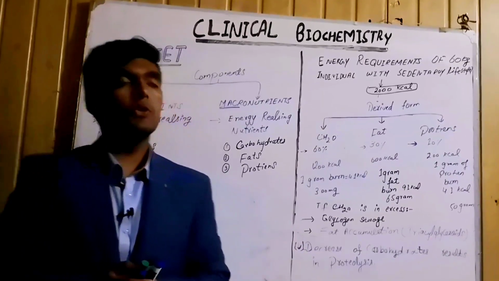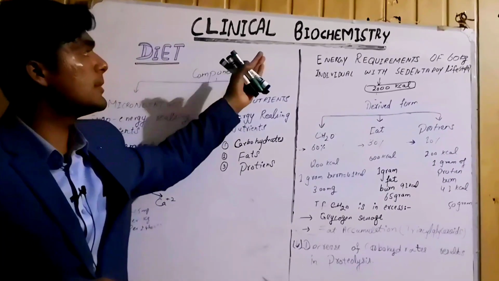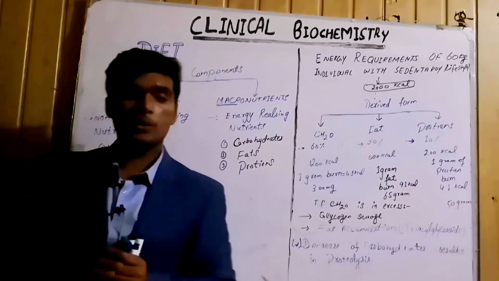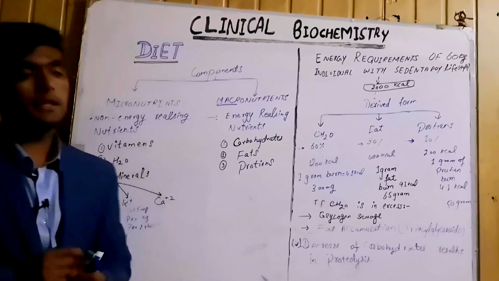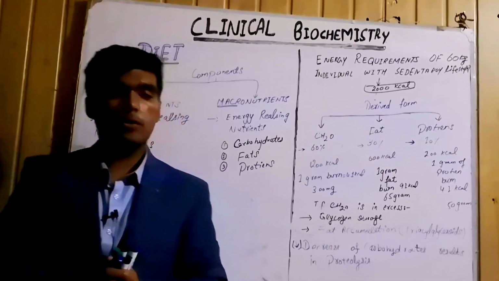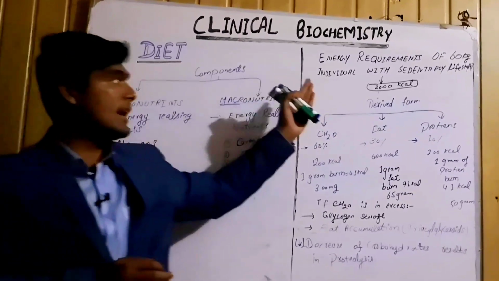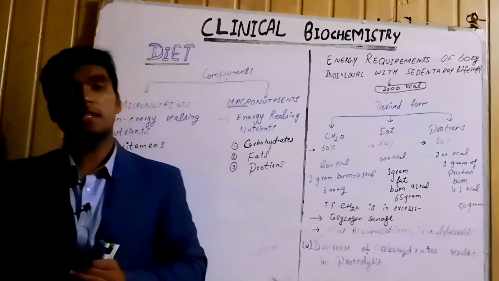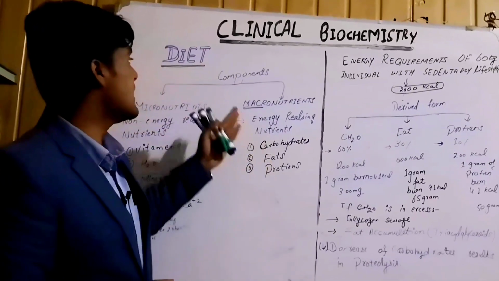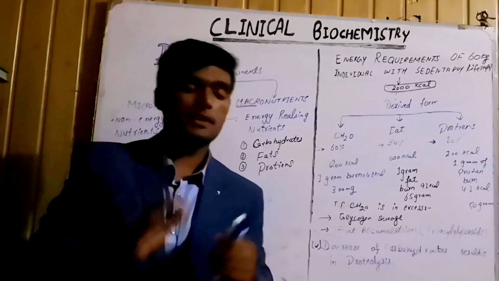Now we are going to talk about the first topic of our clinical biochemistry series, which is diet. Focus on this word diet, which has 2 components. In this lecture we are going to talk about the energy requirement of a 60 kg individual with a sedentary lifestyle, as well as the components of diet in brief detail.